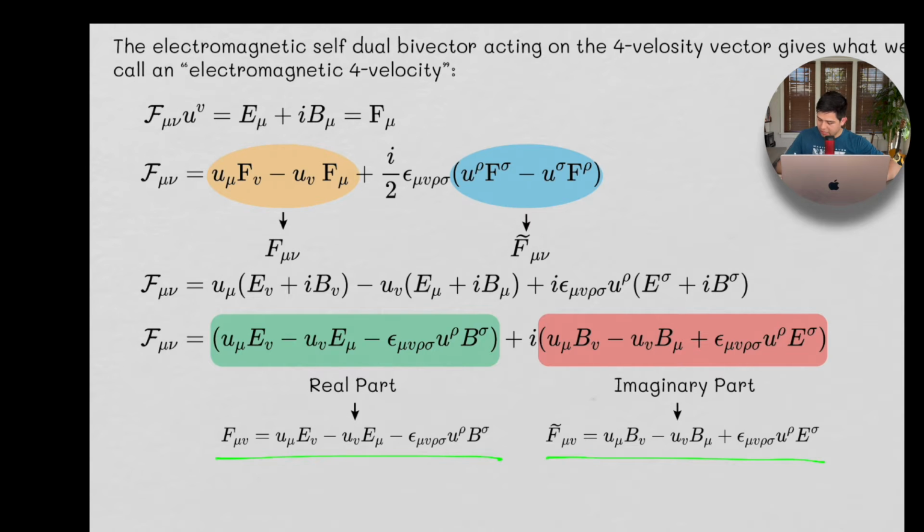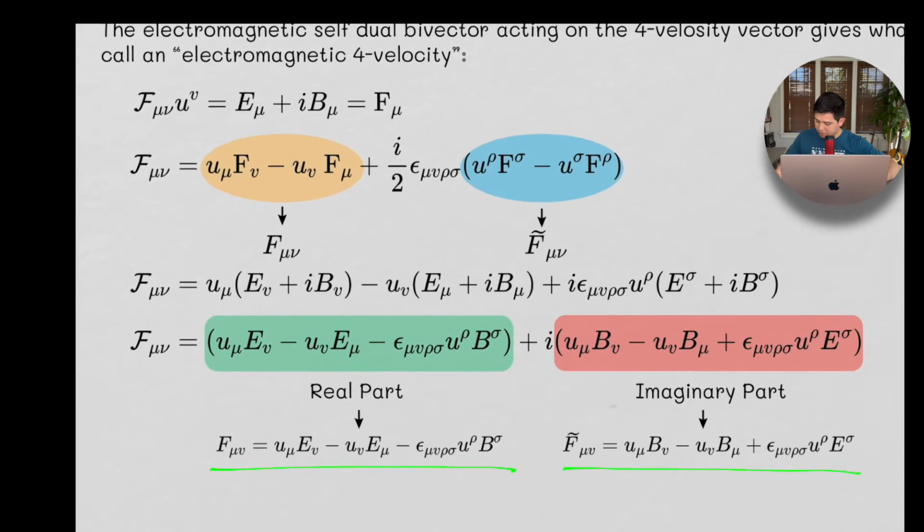But the idea, again, is, so okay, I think I misspoke a little bit. I called this the electric part. Not really, right? Because this whole thing is the real part, not the electric part, right? So this is the real part, this is the dual part.